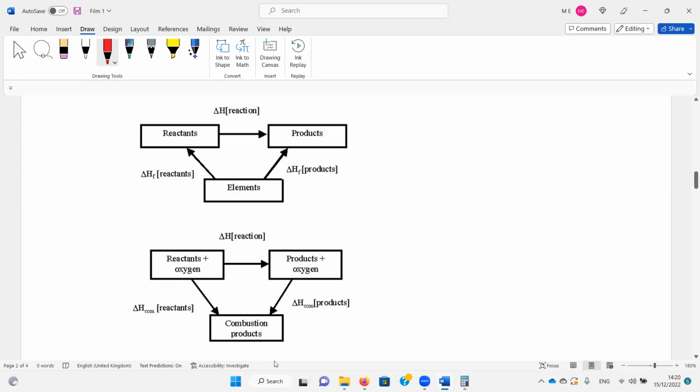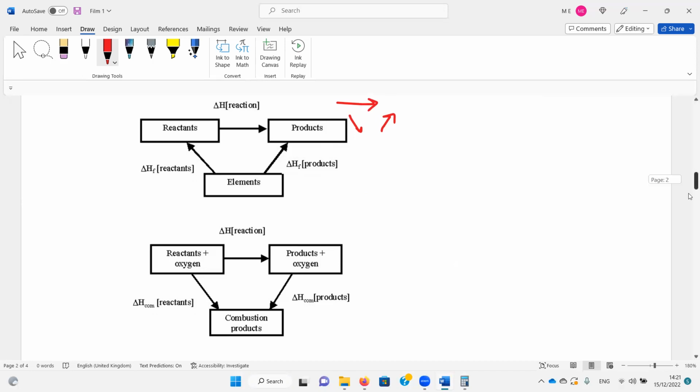In this type of cycle, whether this one or this one, the enthalpy change of this reaction equals this side and this side. This is when we do the calculation.